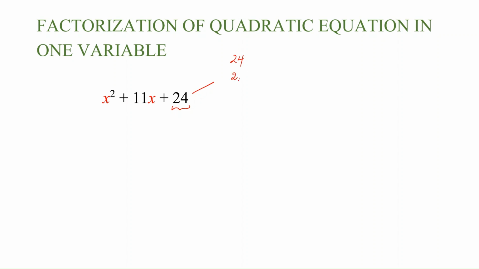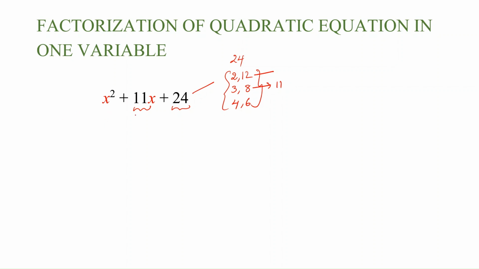It can be written as 2 into 12, or 3 into 8, or 4 into 6. From these factors, we have to pick one of the pairs in such a way that when we add them, it gives the middle term coefficient. Here the coefficient is 11. Adding these two will not give 11. If we add these two, it gives 11. So we are going to consider this pair.